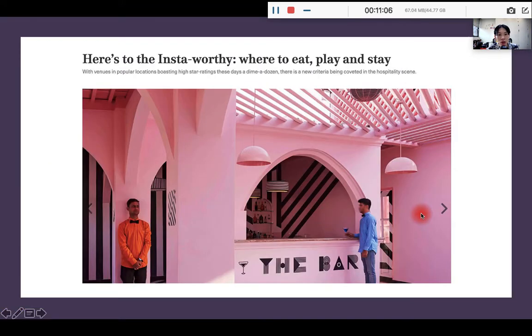Okay, so if you go online to look for Instagrammable restaurants, you might come across another adjective called Insta-worthy, meaning if you go there, you will get some good shots for you to put on your Instagram and you will get a lot of likes.